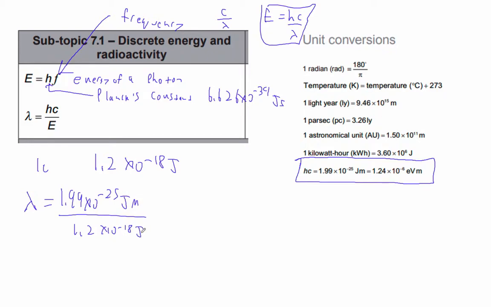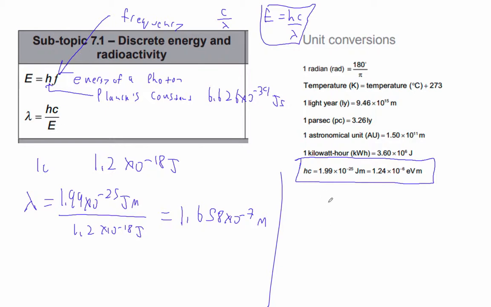So 1.99 E minus 25 divided by 1.2 E minus 18 would give us 1.658 times 10 to the minus 7th meters of wavelength, which would be like 165 nanometers. It wouldn't be visible.